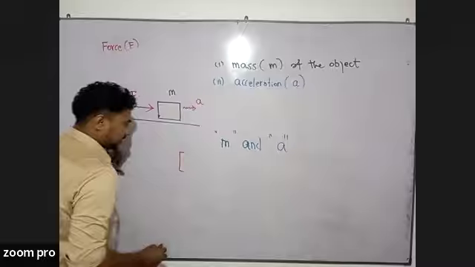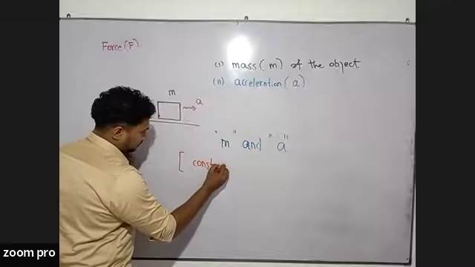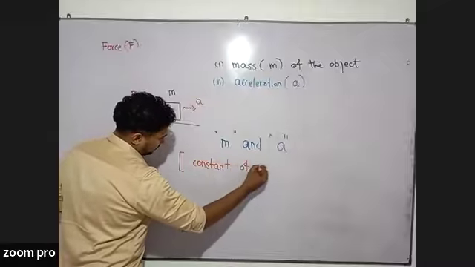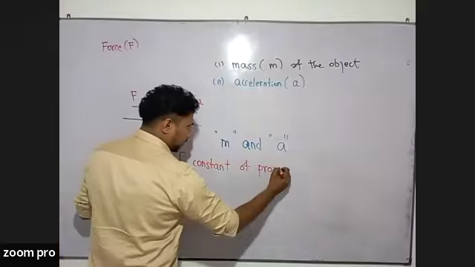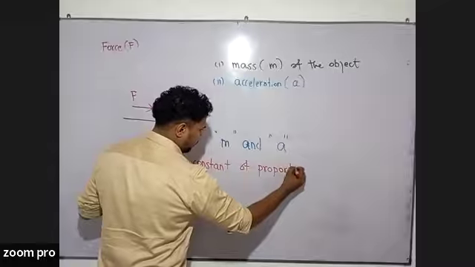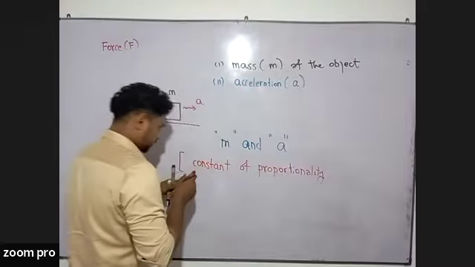Right. Within bracket, just put this one: constant of proportionality.